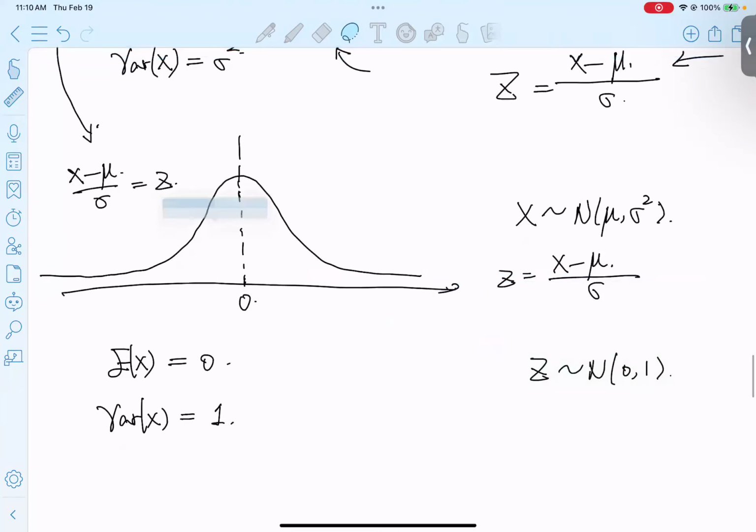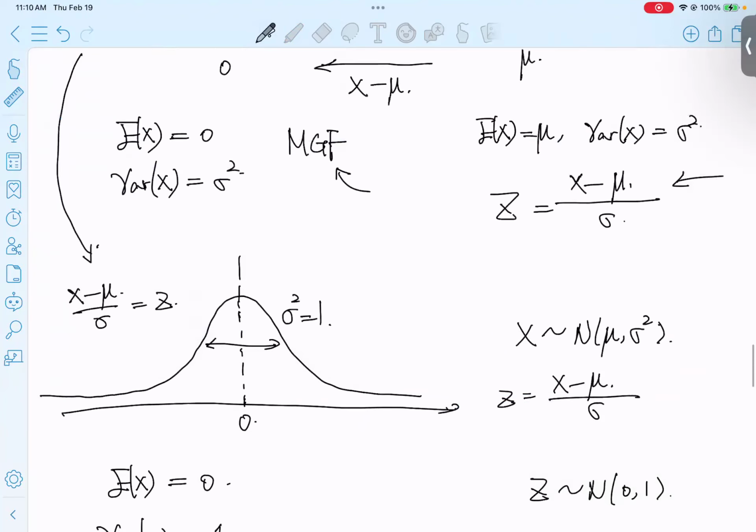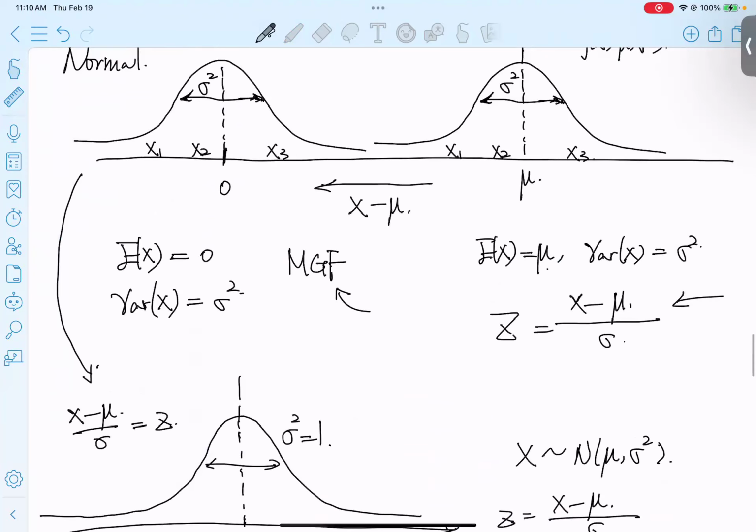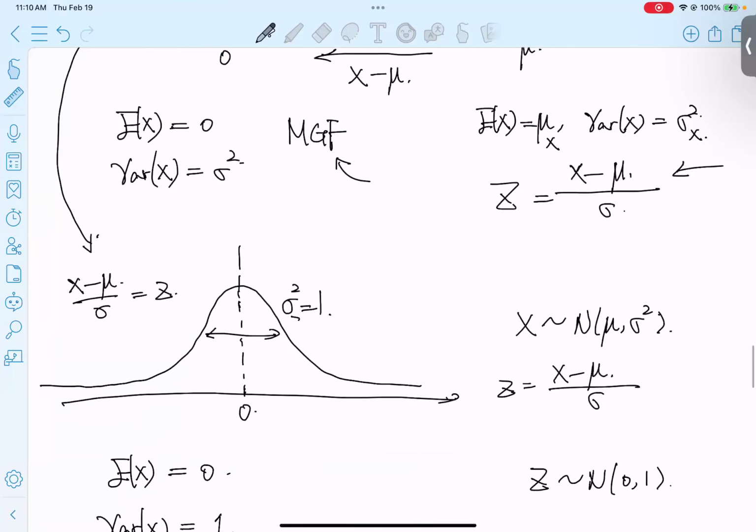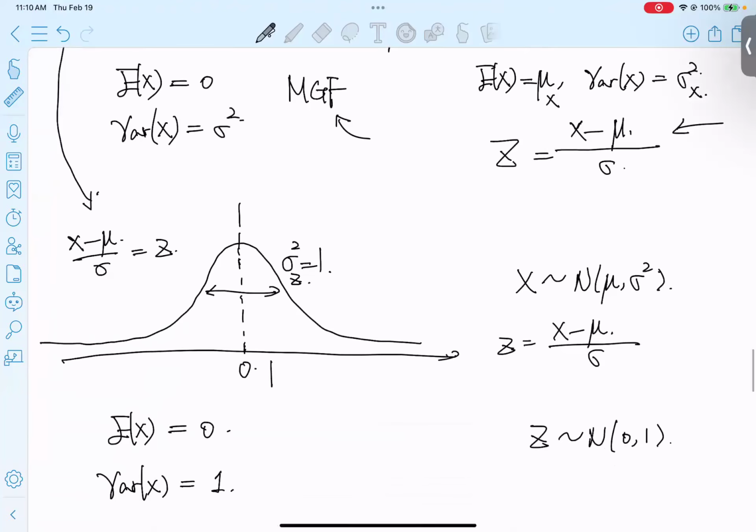So the variability here is a constant. It's fixed. The sigma now equals 1. But all these sigmas and mu are for the x. Here, the sigma is for the z and the mu of z.